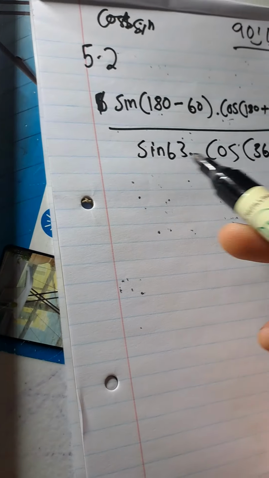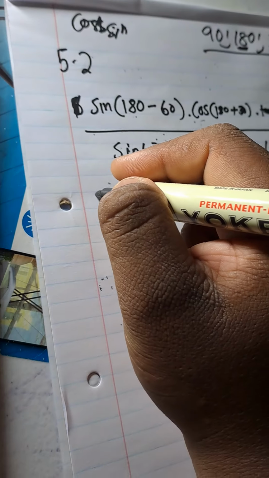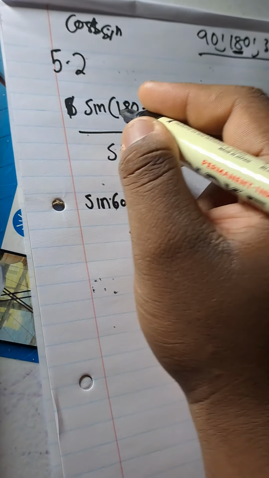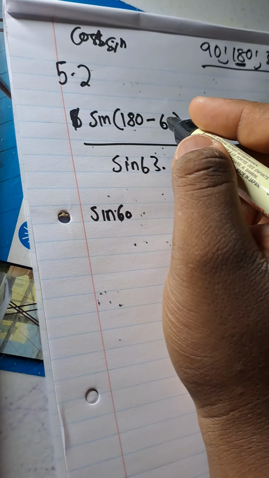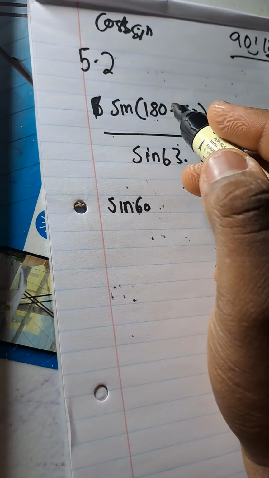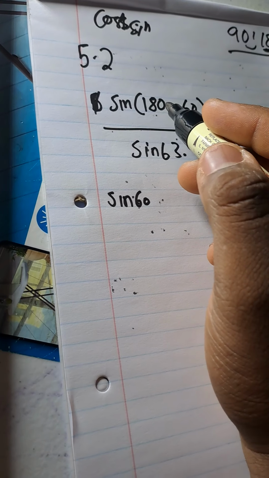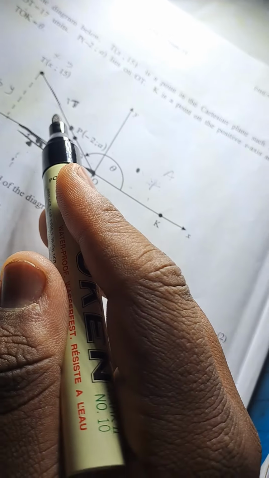I'm going to start here by saying sine 60. We don't use this one; it was used to subtract the angle so that it can give us the value that was given there. Sine 60. This is 180 minus theta. Is 180 minus theta positive for sine? Yes, because 180 minus theta is in the second quadrant, which is positive for sine.